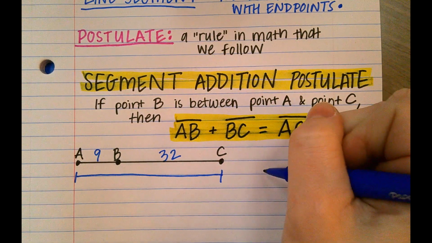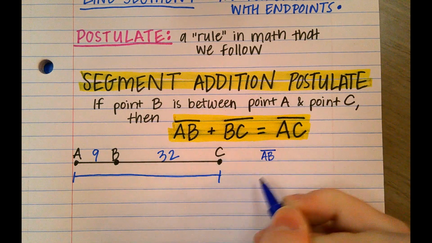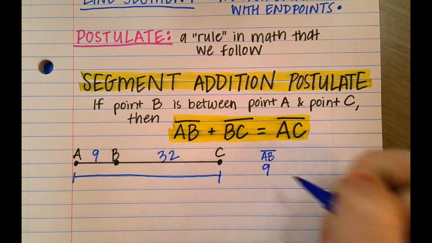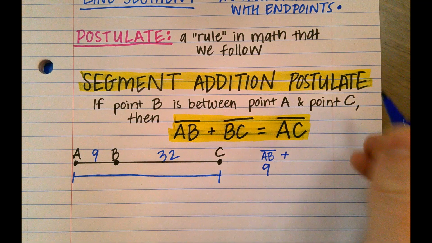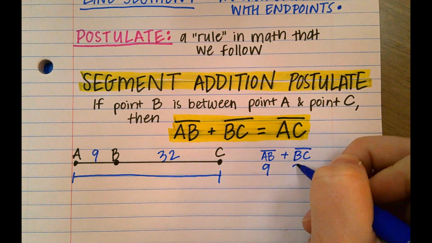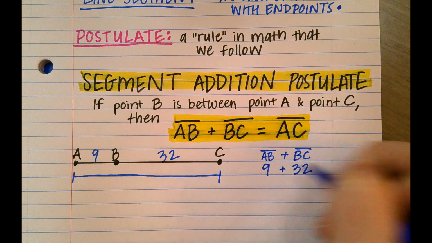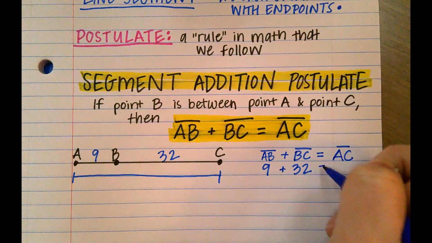So I'm going to write AB, and under that, I'm going to put the 9. BC would be 32 equals, and that's going to give us our AC.